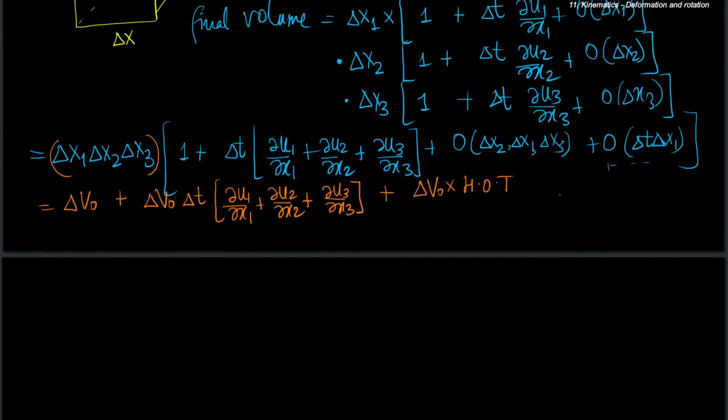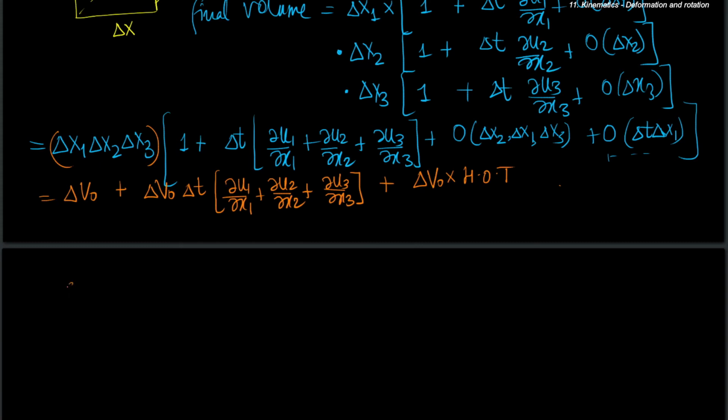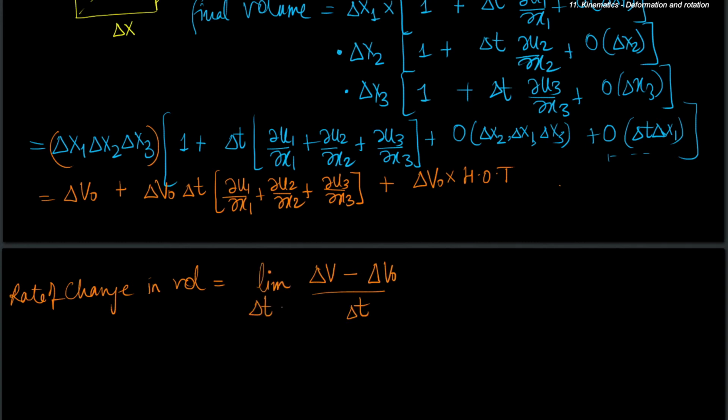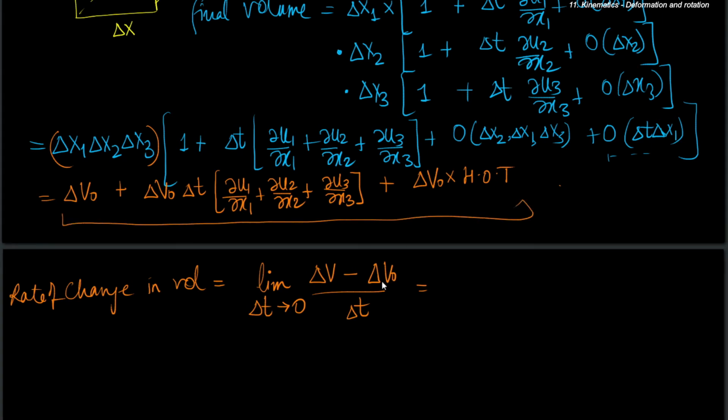So now we have the change in volume equal to delta v final minus delta v initial, or the rate of change of volume will be this upon delta t with the appropriate limit delta t goes to 0. So delta v final is this entire sum, minus delta v0, so this particular term is subtracted and vanishes.